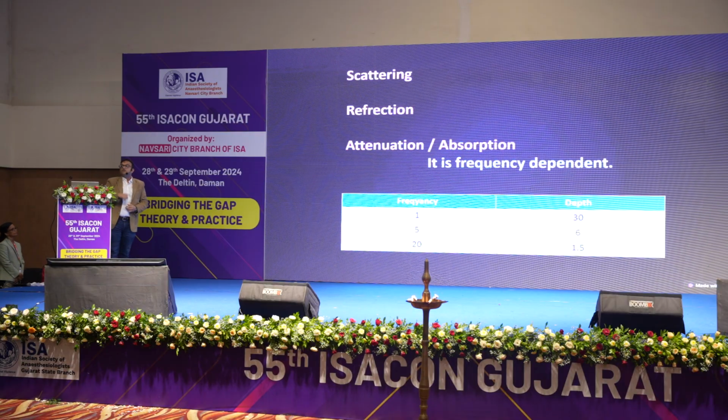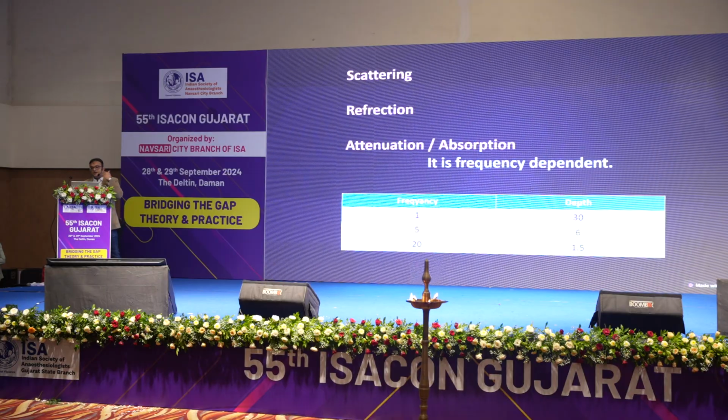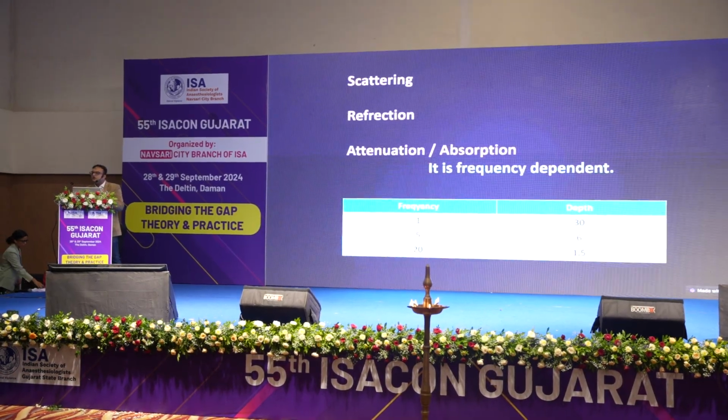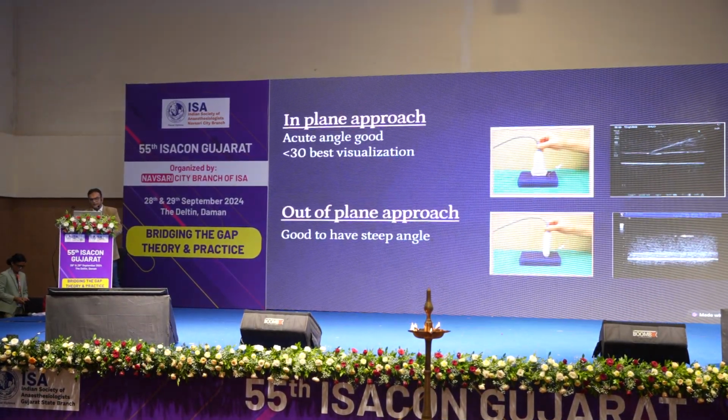That is dependent on the frequency. If your frequency is low, then your wave's depth is going to be more because attenuation is less. But if the frequency is more, then the depth is going to be less because attenuation is very high.